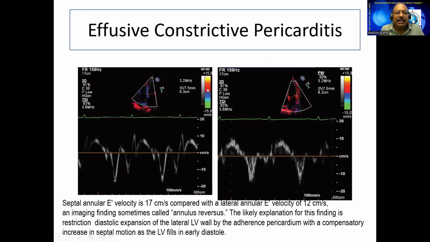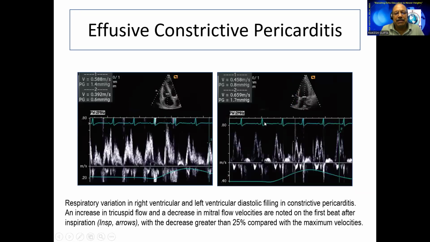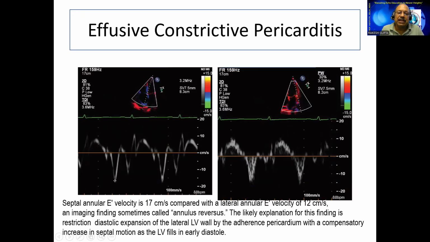This is one slide again to tell you about the septal E prime, which is taller than the lateral E prime. We often call this paradoxical annulus, annulus reversus. A number of names have been given to it. And take my word, this is the most sensitive sign of effusive constrictive and constrictive pericarditis.